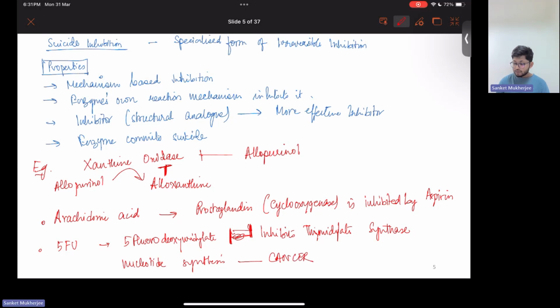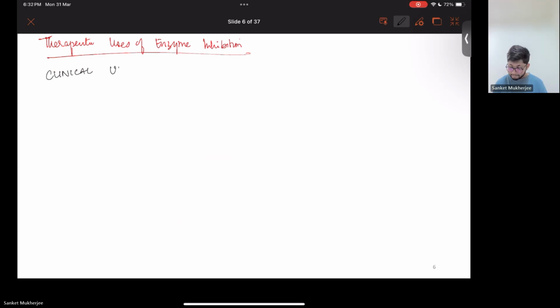Right. So if we look at certain therapeutic uses of enzyme inhibition, let's look at it. So we will see the clinical use, the enzyme inhibited, and the inhibitor.